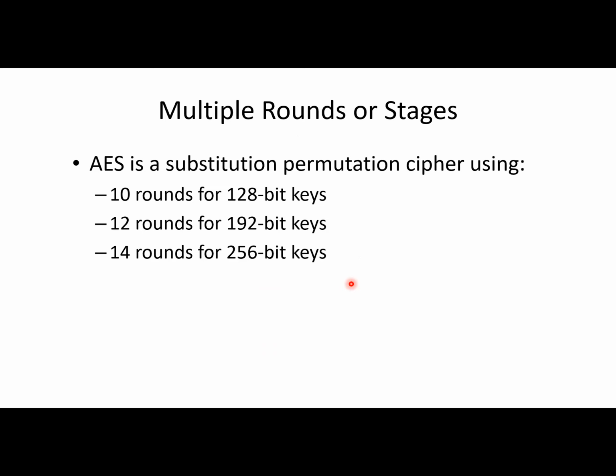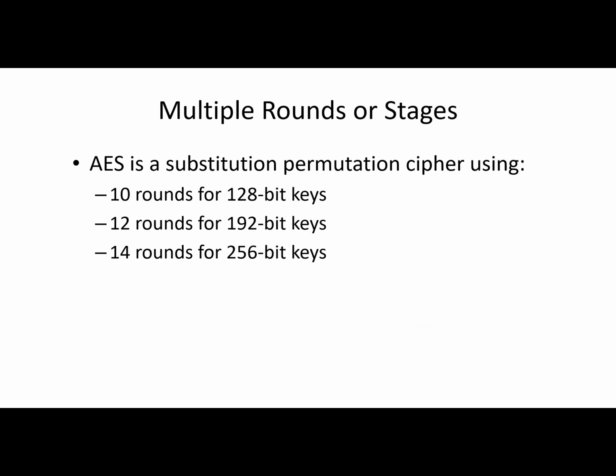Okay. Now it is a substitution permutation cipher, like we talked about. And the number of rounds that are used depends on the key size. There's 10 rounds for 128-bit keys. Basically, the concept is if you didn't think it really had to be absolutely positively secure, you can go the fast way with a shorter key.